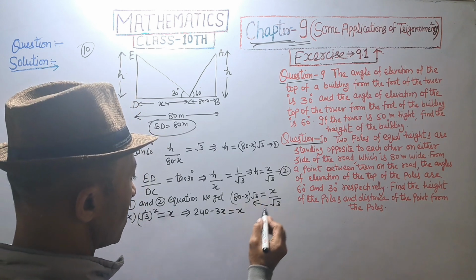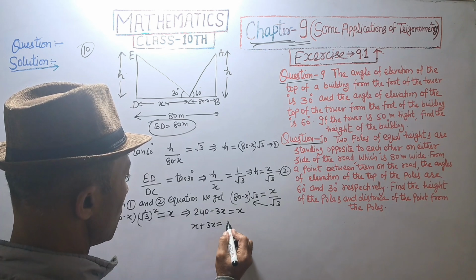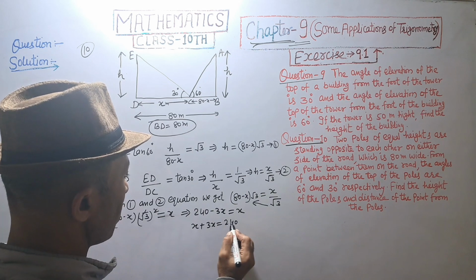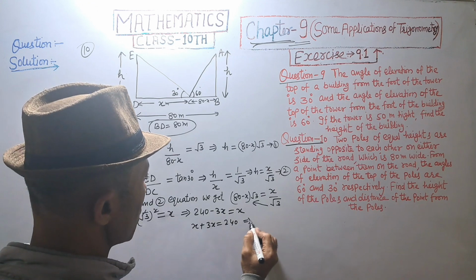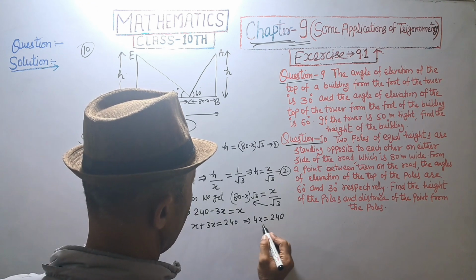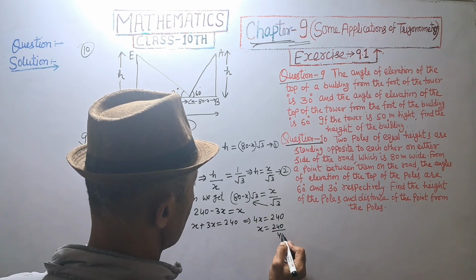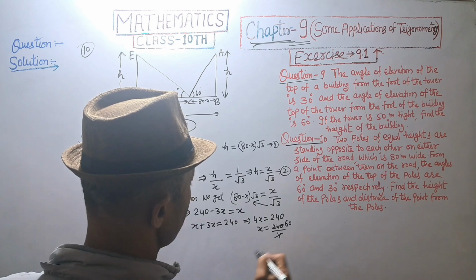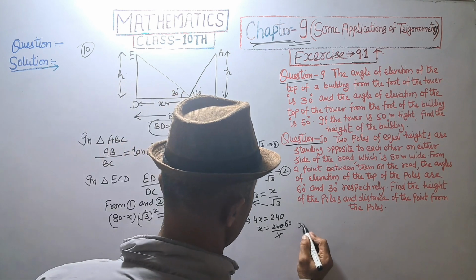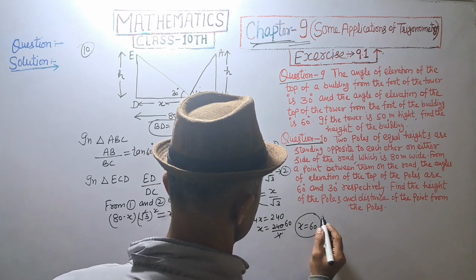It will be positive, and X plus 3X is equal to 240. This implies 4X is equal to 240, and X is equal to 240 divided by 4. This is cancelled by 60 and we get X is equal to 60 meter.